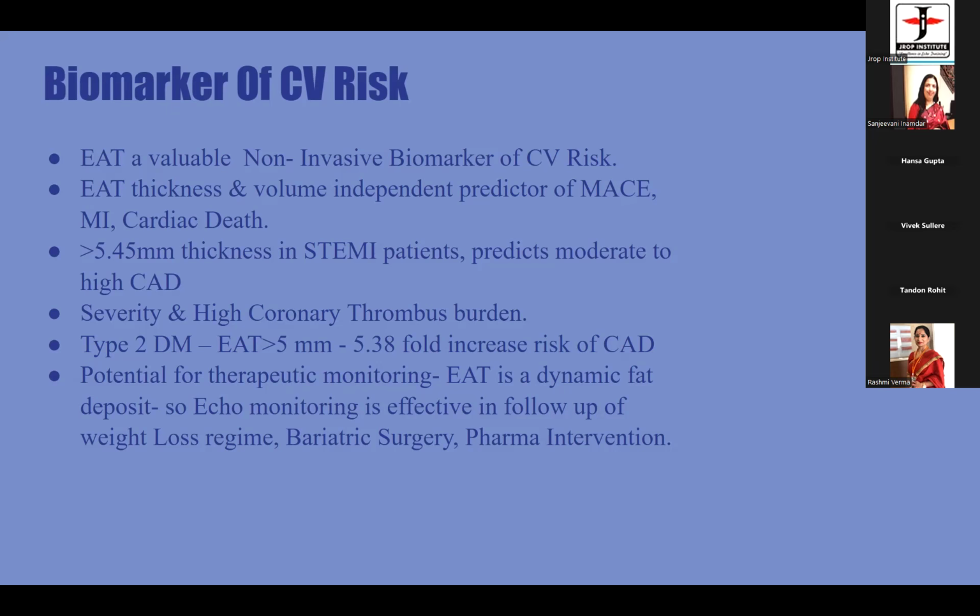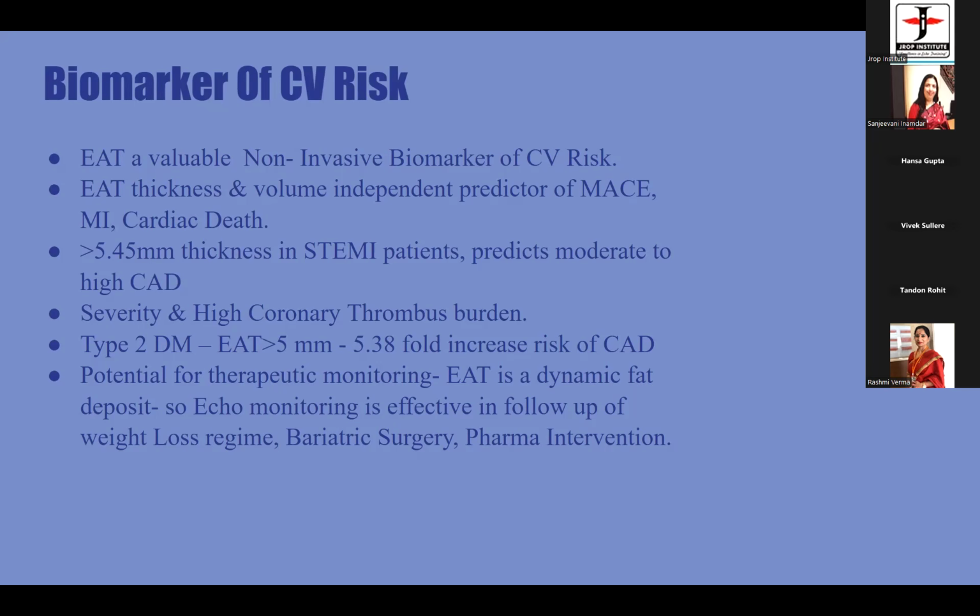The last point is a very, very important message. If we are doing some kind of weight loss regime, following a bariatric surgery, or following some kind of pharma interventions like GLP-1 analogs, which are also given for weight reduction, how will you follow such patients?